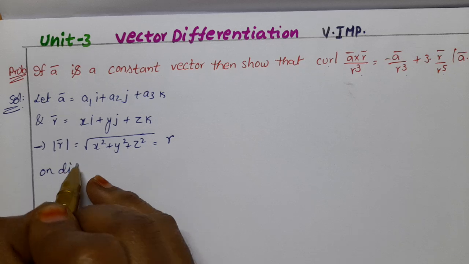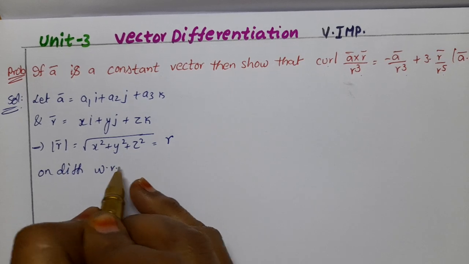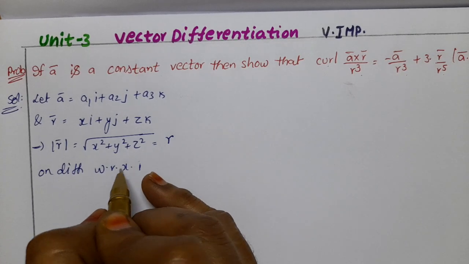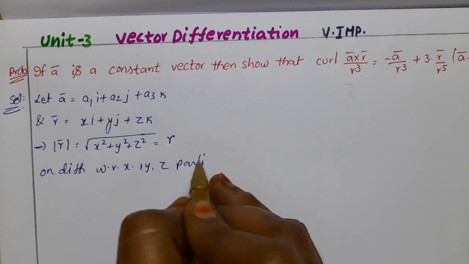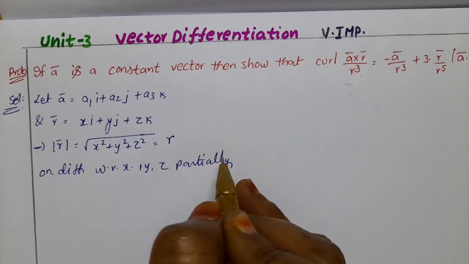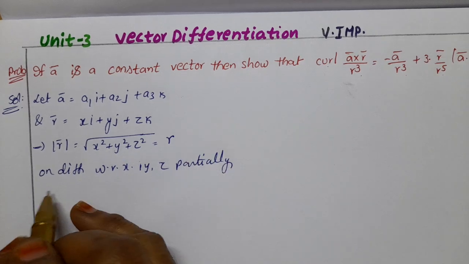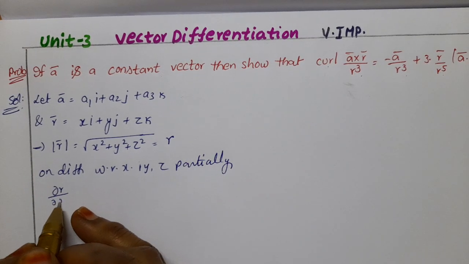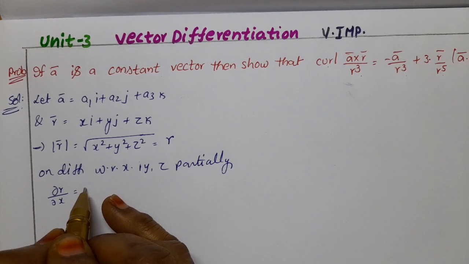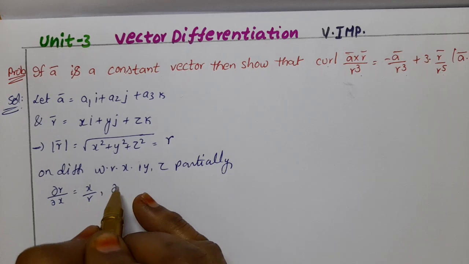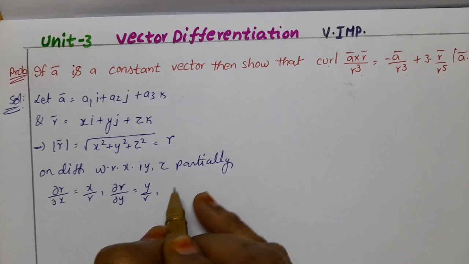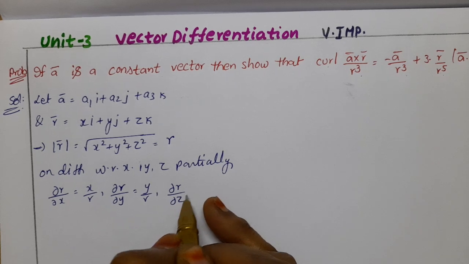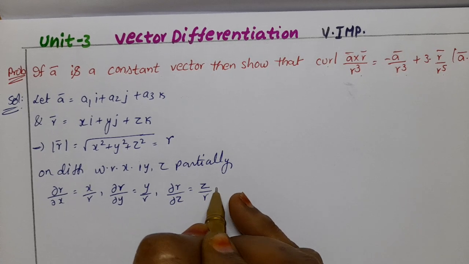On differentiating with respect to x, y, z partially, as we already learned in the last problems, dou r by dou x equals x by r, dou r by dou y equals y by r, dou r by dou z equals z by r.